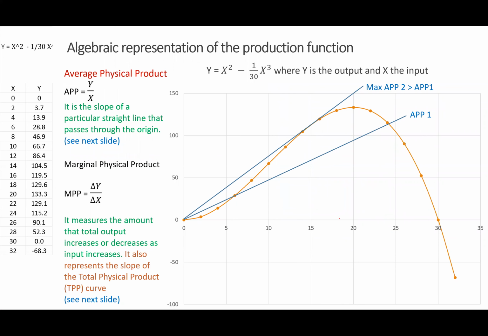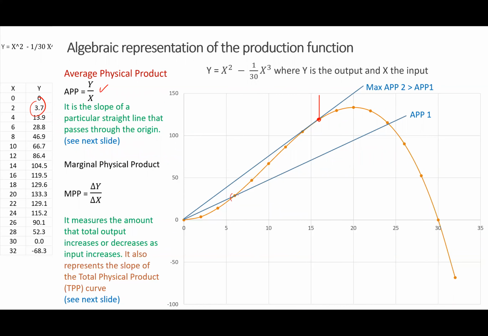I just showed you earlier how I obtained this data, and also how I get the average physical product and the marginal physical product. The average physical product is the slope of a particular straight line that passes through the origin. Here, for example, the average physical product is the slope from the origin passing here.